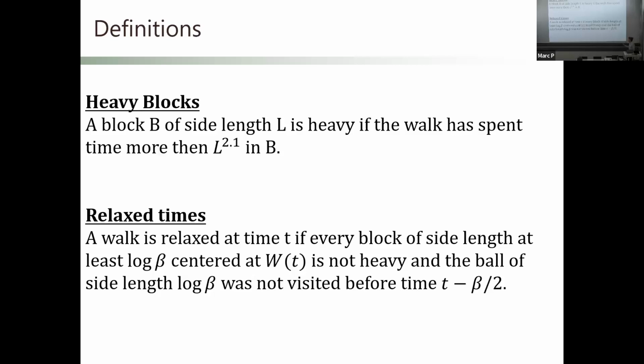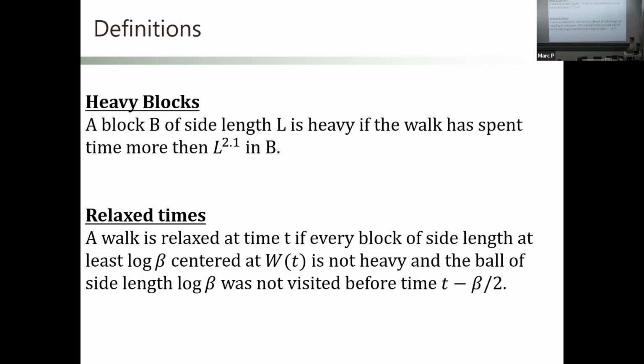Really, this 2.1 could have been anything smaller than d minus 2, actually. So here, in dimension 5, it's some number between 2 and 3. And so if you have a relaxed time, and then you start a simple random walk from that point, there's a good probability that the simple random walk will never intersect the history of the walk up to that point.